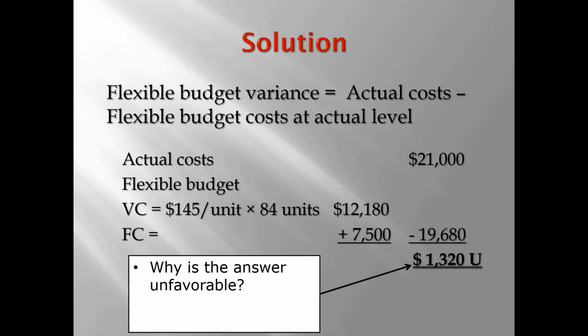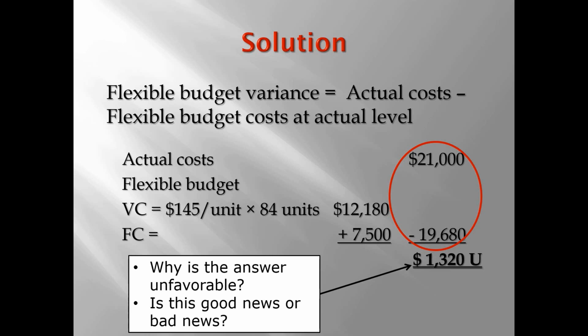But why is this answer unfavorable? We can see that the actual costs are greater than the flexible budget would predict. But is that good news or bad news? It depends. It may simply be that costs have gone up.